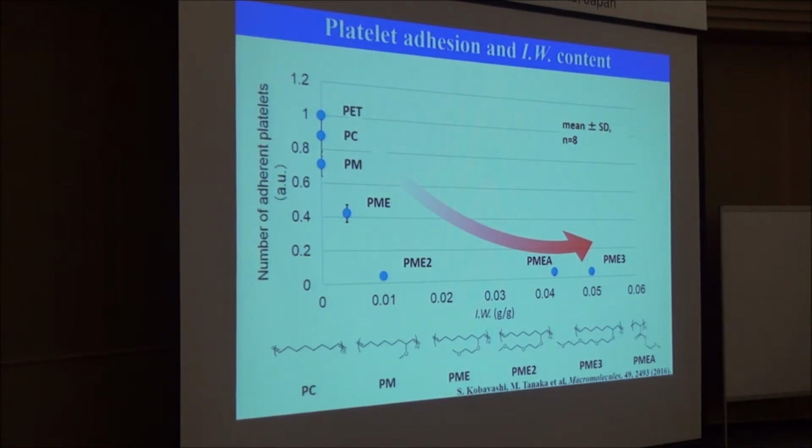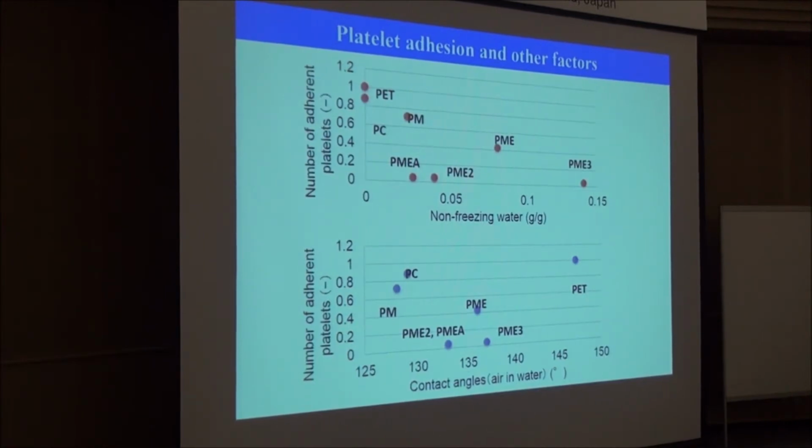This is the relationship between platelet adhesion and intermediate water content. Not surprising. The non-freezing water is of course one of the important factors. But if you plot against platelet adhesion, a marker of biocompatibility, there is less relationship than with intermediate water content.